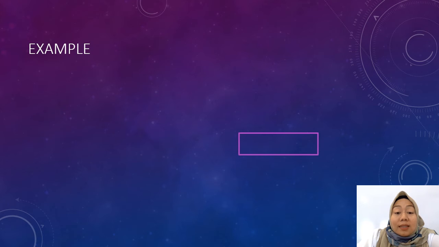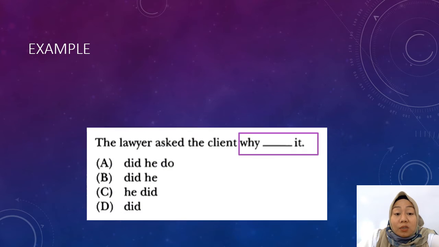Let's take a look at the example for a question in a TOEFL test. The lawyer asked the client why blah blah blah it. Okay, this is not a question. And why here plays a role as a connector.